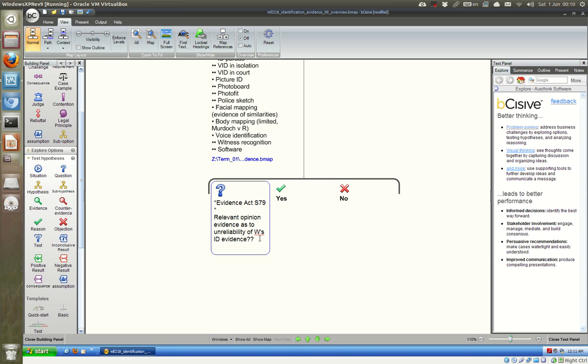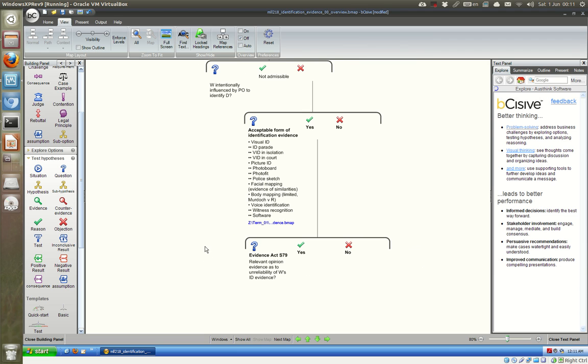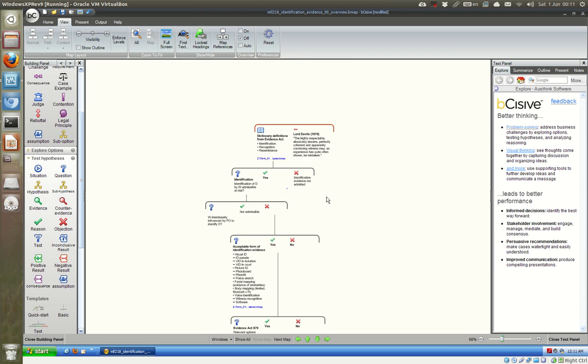There were some cases where experts were called in who testified as to the unreliability of the witness's identification evidence, but generally speaking it hasn't gone very far, and I haven't added the cases at the moment, but I'll add them later.